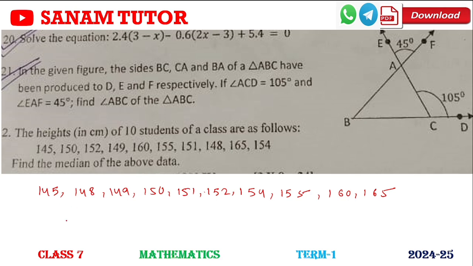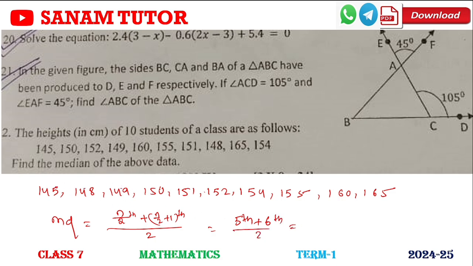Okay, complete. So now check how many numbers are there. 10. So write down median means the first is n by 2 because n is even. So n by 2th term plus n by 2 plus 1th term divided by 2. So tell me 10 by 2, that is 5th term, plus 6th term by 2. So tell me which one is 5th term.